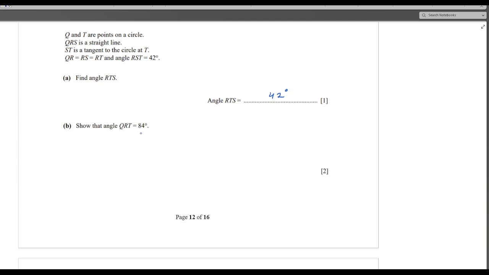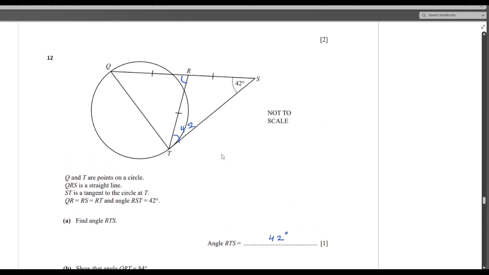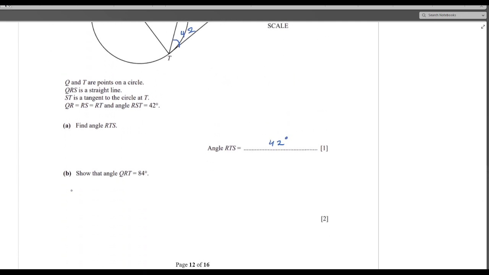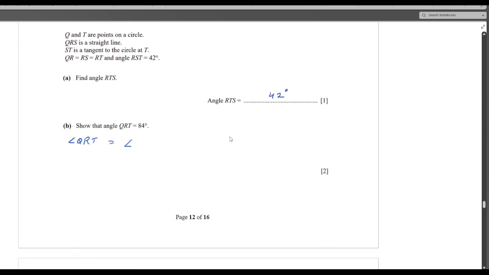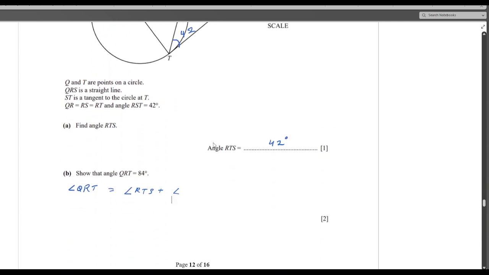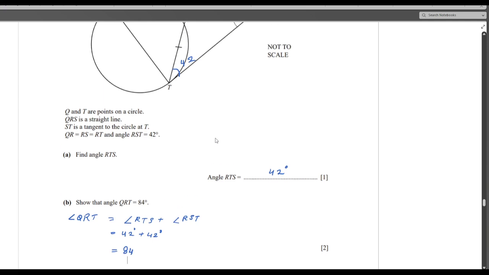So here we have to show that angle QRT is equal to angle RTS plus angle RST. Okay, so this is 42 and this is also 42. So 42 plus 42 is 84.